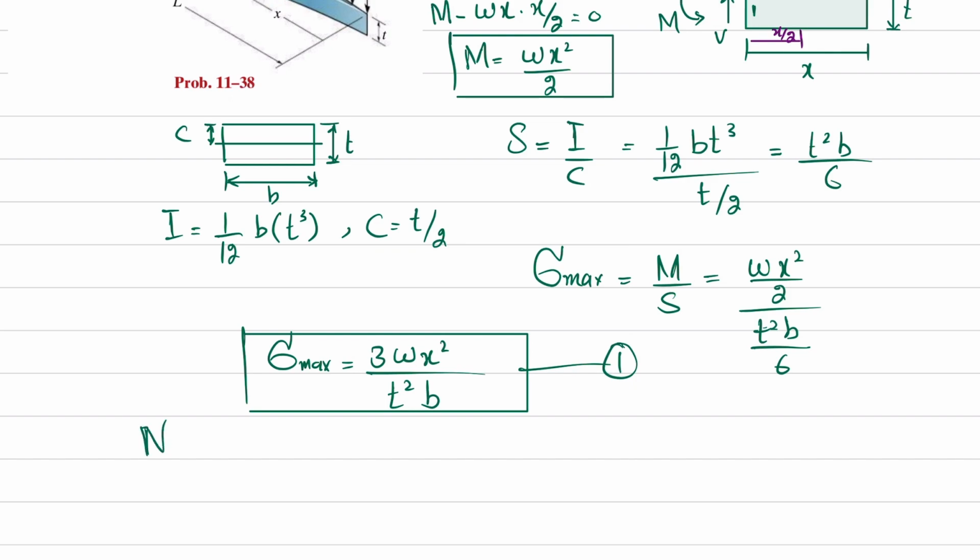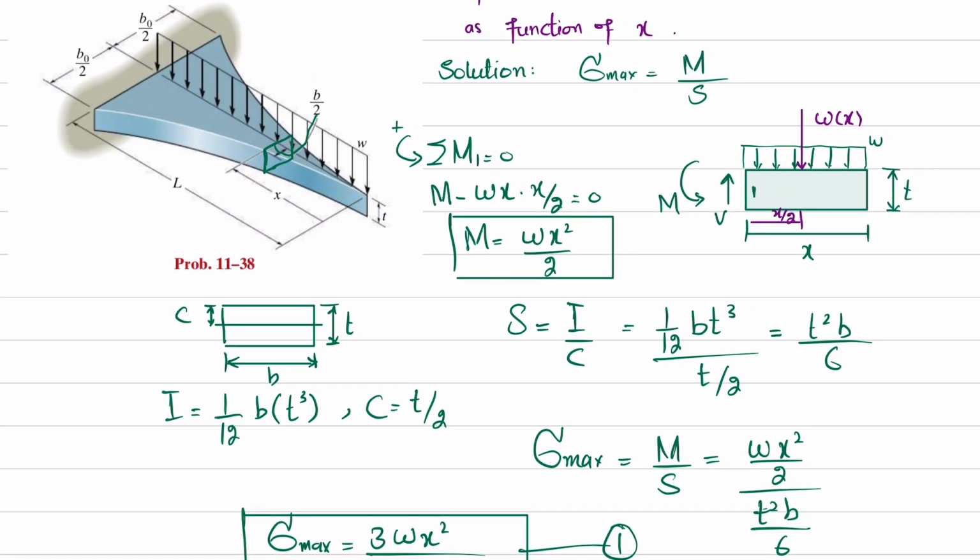Now what if x is equal to L? If x becomes equal to L, we are talking about this portion. So definitely this width B will become equal to B naught.